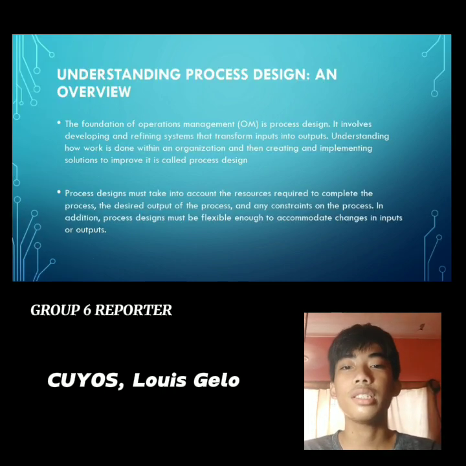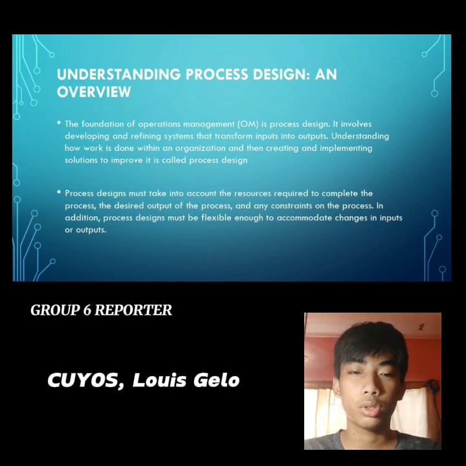So, understanding process design overview. The foundation of operations management, or OM, is process design. It involves developing and refining systems that transform inputs into outputs.